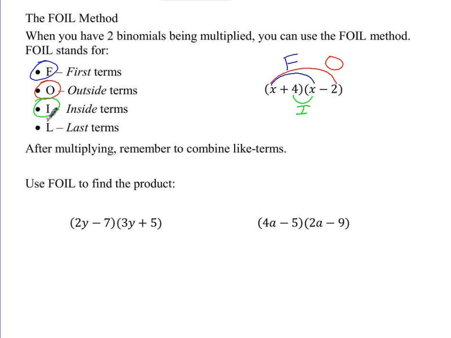There is I in FOIL for sure. And then the L, the last terms, the only two that we haven't multiplied together yet, just like these two here were the first terms in each binomial, these two guys are the last terms in each binomial. This is the L in FOIL.